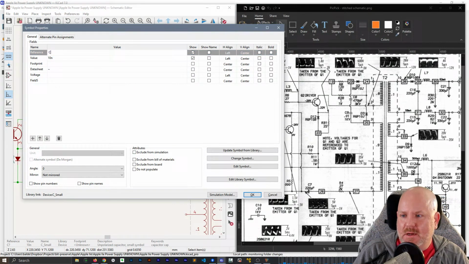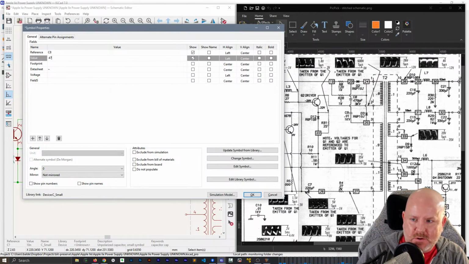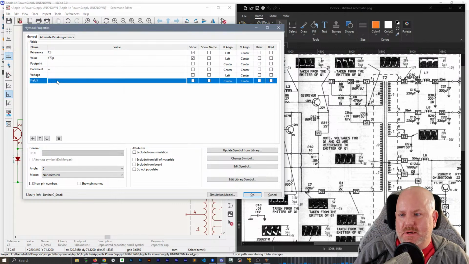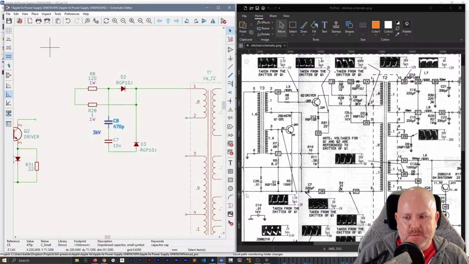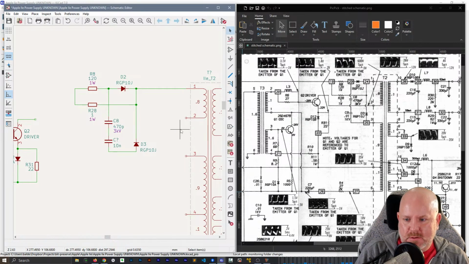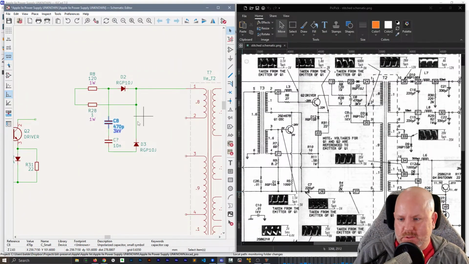No, that's not what's going on. C8, 470 picofarad, and then let's do a 3 kilovolt. Show that one. That's weird. That's probably a film cap. Oh, shoot, shouldn't have done that.